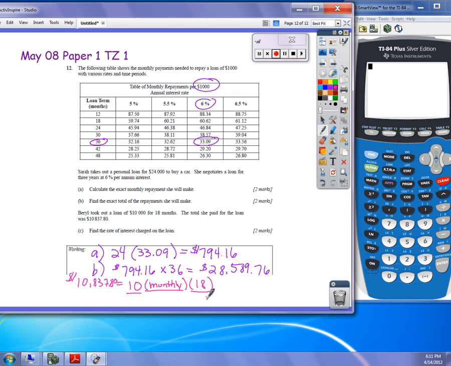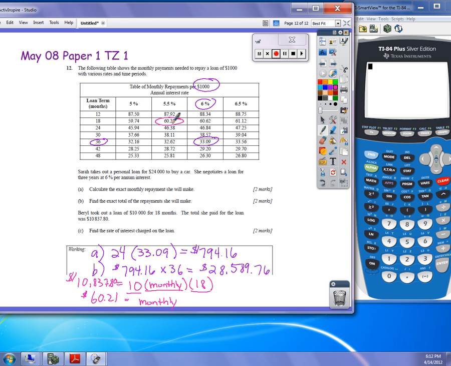But if I can just solve for the monthly payment by dividing 10,837.8 by 10 times 18, I can calculate that the monthly payment is equal to, just divide here, $60.21.